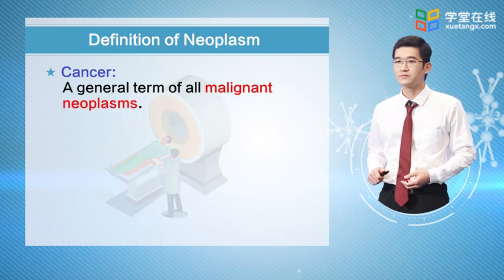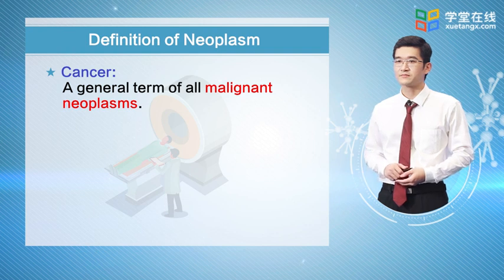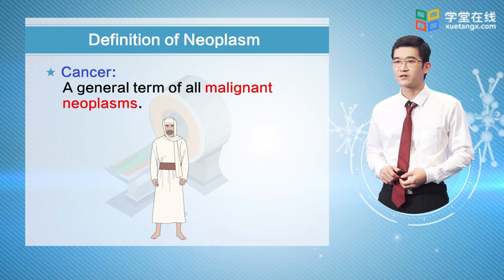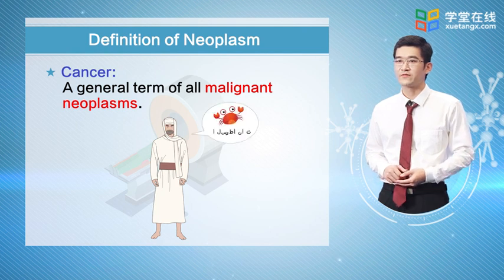The common term used for all malignant neoplasms is cancer. The word cancer derives from the Latin word for crab, reflecting the true character of cancer since it sticks to the body part stubbornly like a crab.